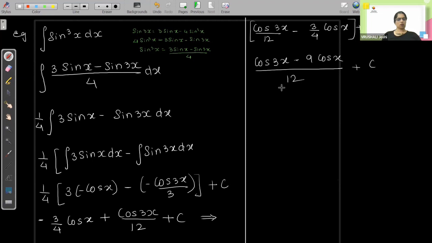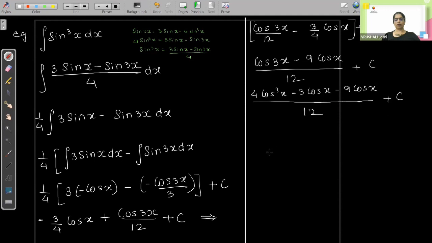For cos 3x we have one formula. Correct? So from there, if you derive cos 3x, what is the formula for cos 3x? 4 cos cube x minus 3 cos x, and then this will be minus 9 cos x by 12, plus c.